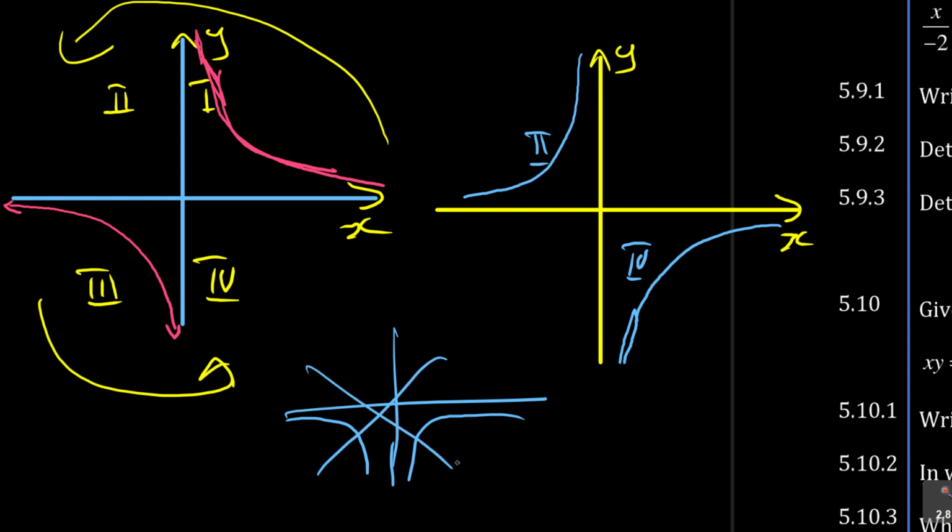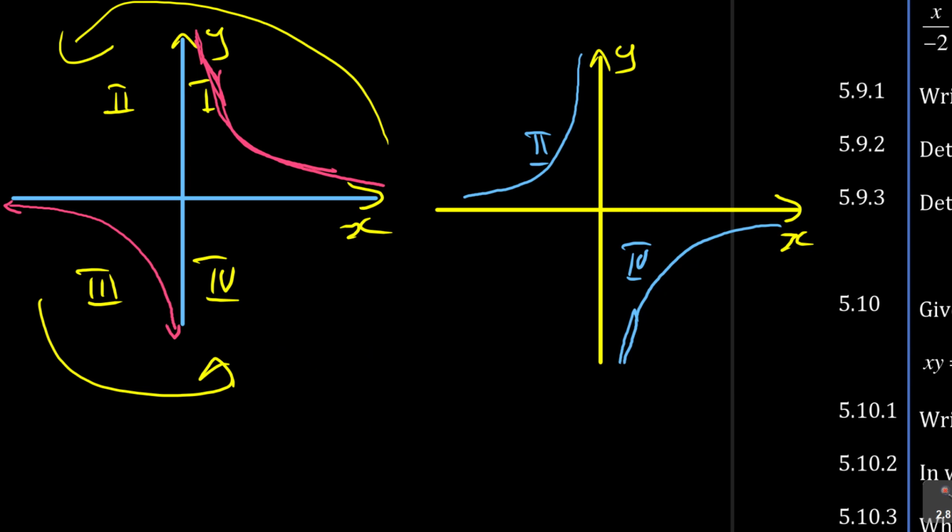No, this doesn't exist. So when they ask which one is which, you are going to ask me, then which one is which? Then I'll tell you on the general form. Remember, the formula says y is equal to a over x. Now when a is positive, you'll get this one.